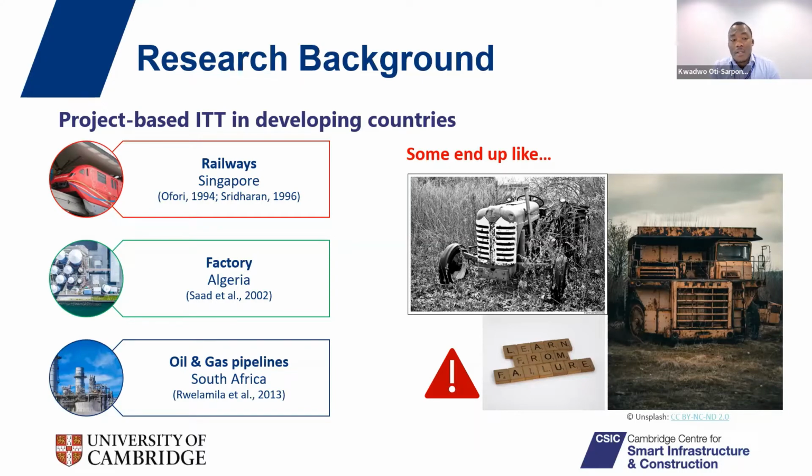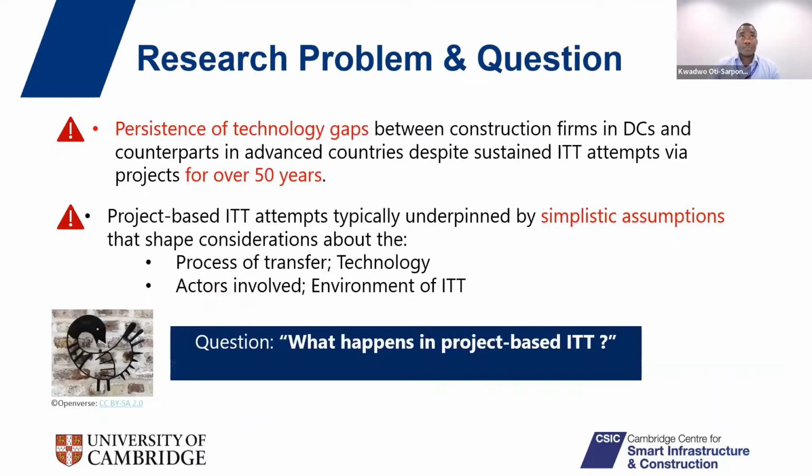In South Africa, oil and gas pipeline projects have also been used as a vehicle to try and transfer technology to the local construction firms to be able to deliver projects of such scale or similarity. But it is reported that the outcomes have been underwhelming and the reliance on foreign firms persists.